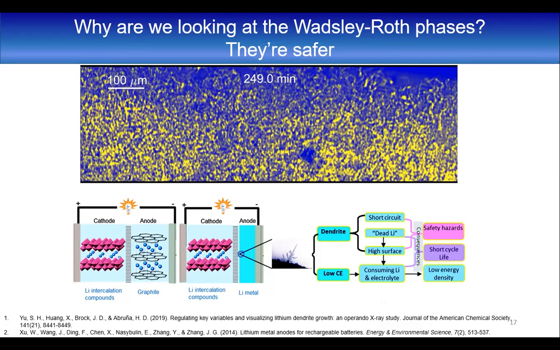Particularly this occurs when graphite is charged at high rates, and it occurs because of the low voltage at which batteries that use graphite cycle. With the Wadsley-Roth phases, you're going to a higher voltage, and so it's safer.